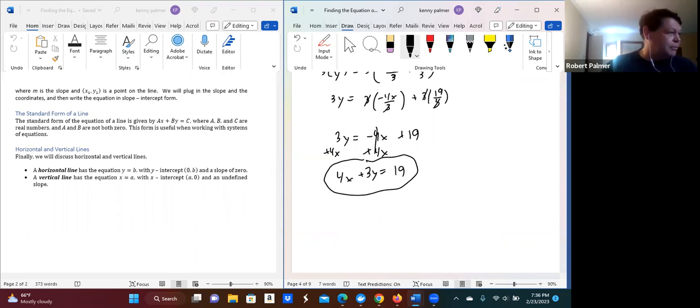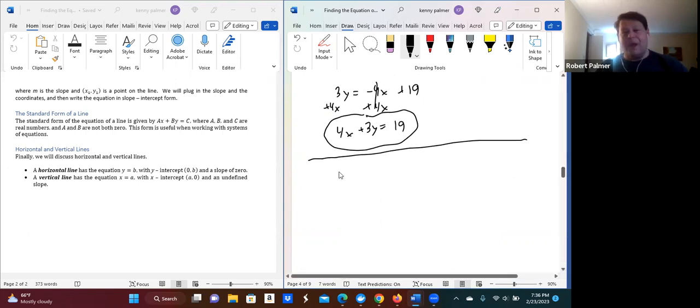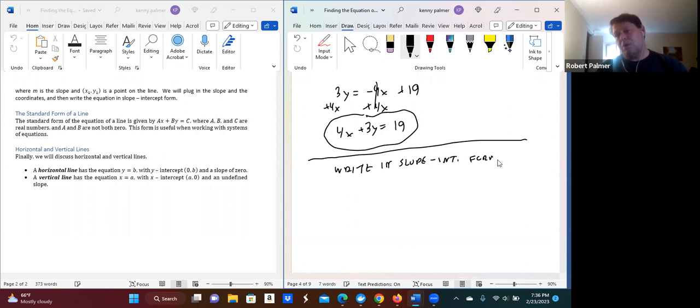Okay. Now, let's take a look at an example where we want to go the other way. This time, I want to start with an equation in standard form and write it in slope-intercept form. This time, we'll do a different example.